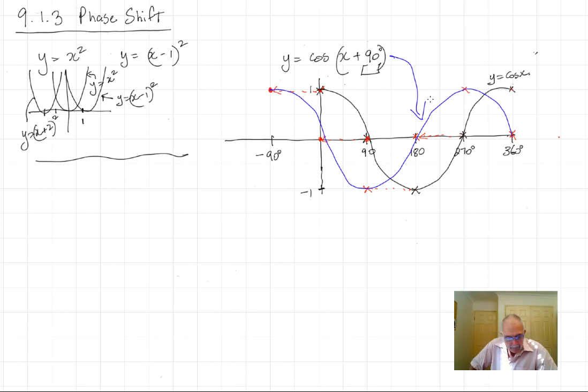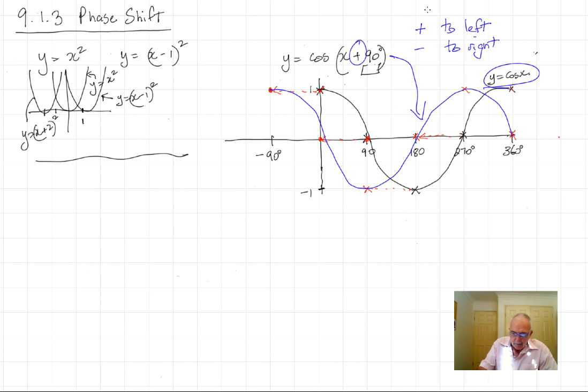Okay, so phase shift is fairly straightforward as long as you just do it in steps. Start with a normal cos graph first, and then if you are adding some degrees, you are going to move it to the left. So positive to the left, negative to the right.